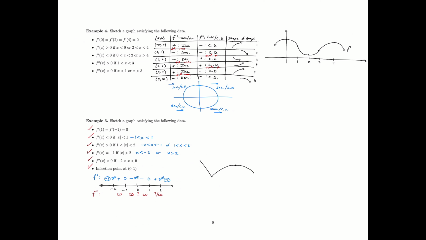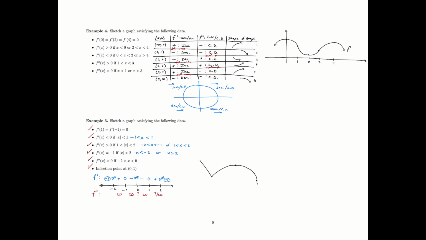And then we have, let's see, we're going to keep going here. We're going to decrease concave down, and then we're going to go concave up and decreasing. So essentially, we're going to keep going. There's our point of inflection right here.